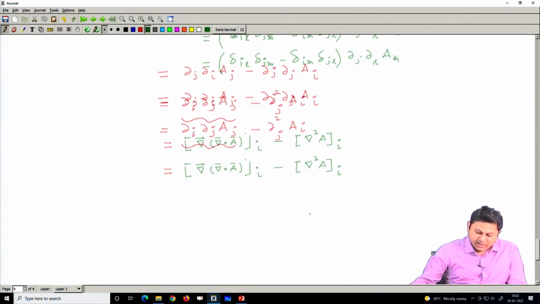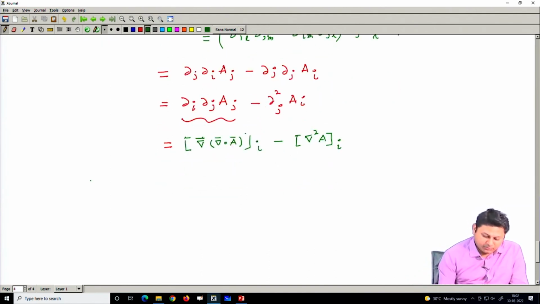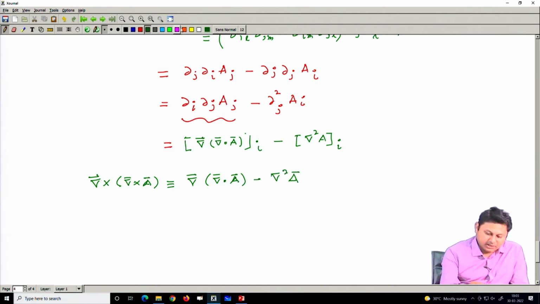So, eventually I have proved what I wanted to prove: the curl of curl A, the left hand side, is equivalent to the gradient of the divergence of A minus the Laplacian of A. This is a very important identity.